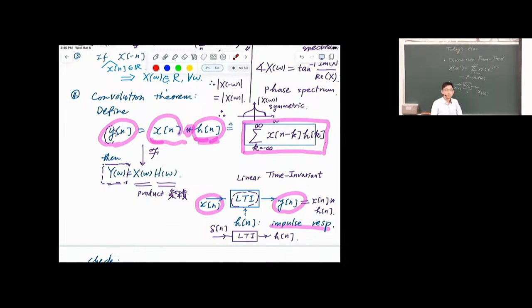If x corresponds to big X and h corresponds to big H, and we convolve x and h in the time domain, the resulting spectrum is simply the product of the two spectrums. That's the property we are going to check next. So far so good?